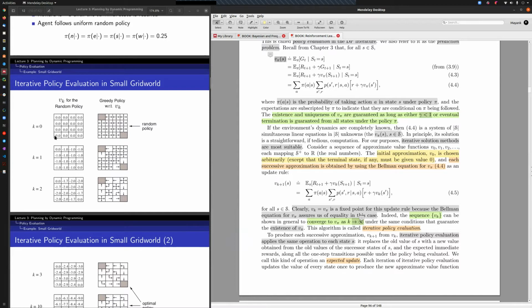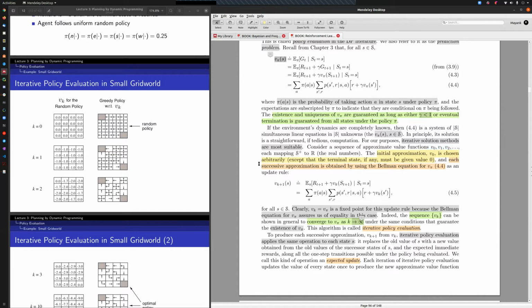This is what vk is, which is referred to here as the approximate value functions.